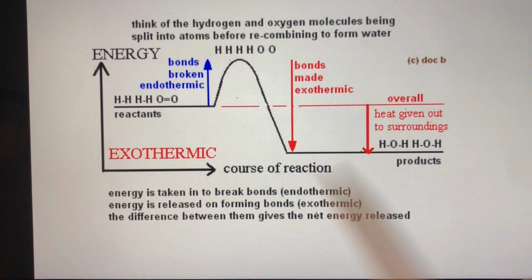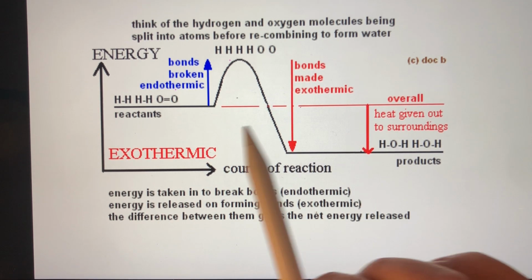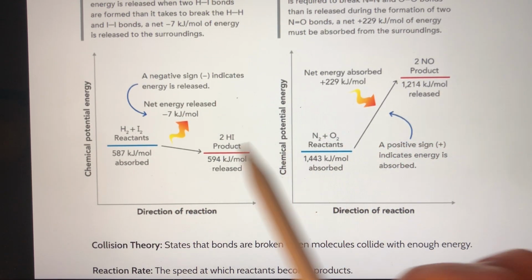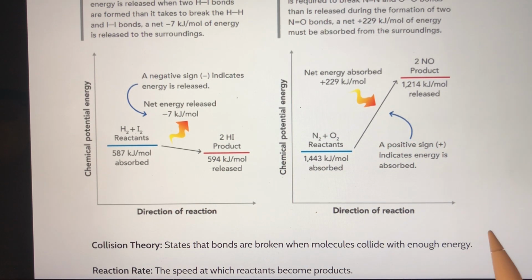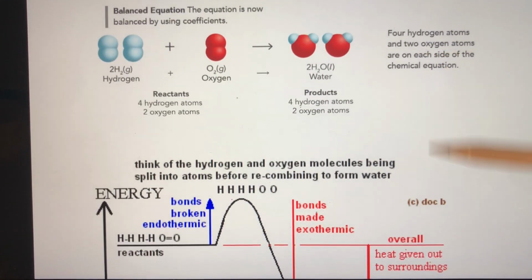Okay, and take some time and appreciate this diagram because it's a lot like the diagram above. Up here, bonds are being broken, and then we're flipping over and bonds are being formed, and they're releasing that energy. So it's a balancing act. It's just a matter of knowing what side of the equation is going to have a greater effect.